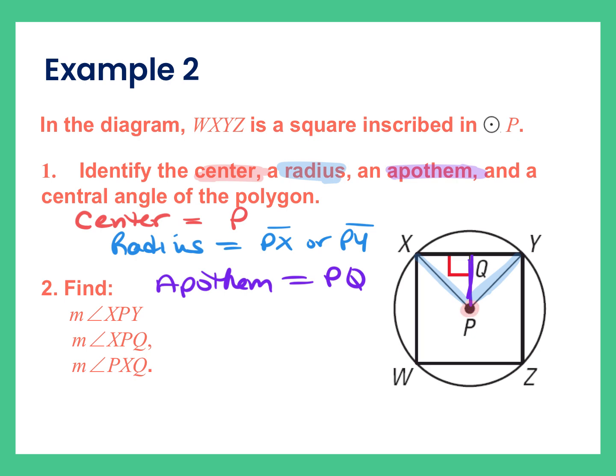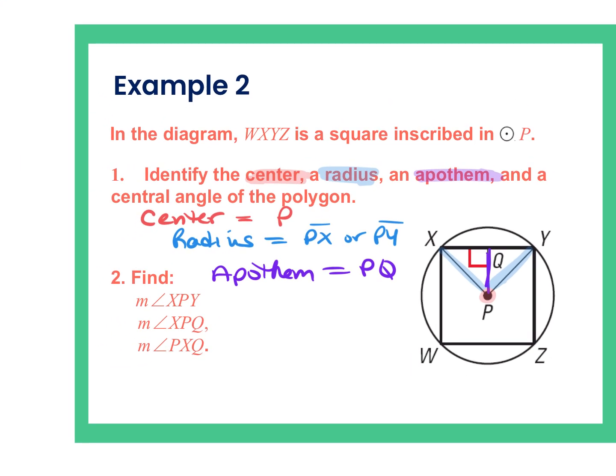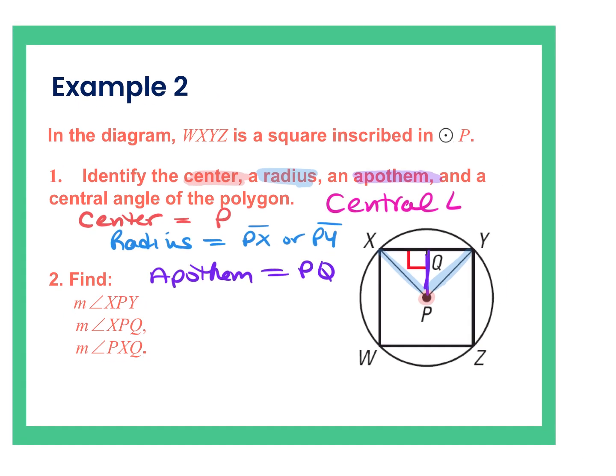And then they want me to also name a central angle of the polygon, that one in pink. There's actually only one I could name here, because they don't have any other radii drawn in. So my central angle is going to be angle XPY.